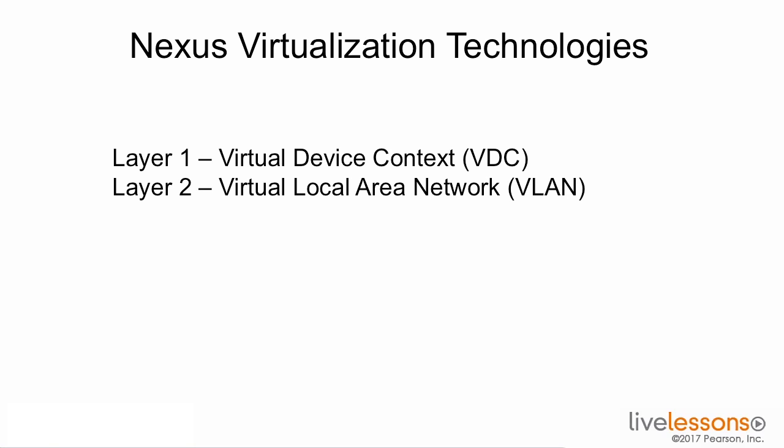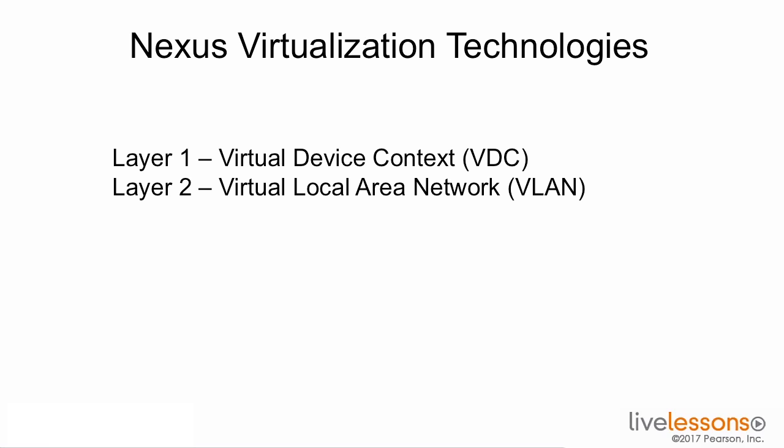The second type of virtualization in the Nexus platform is layer 2 virtualization, or what we like to call VLANs, or virtual local area networks. I suppose if you're using FCoE, you could also include vSANs in this as well. I'm not going to cover VLANs in depth because I covered it in the 640-911 course.